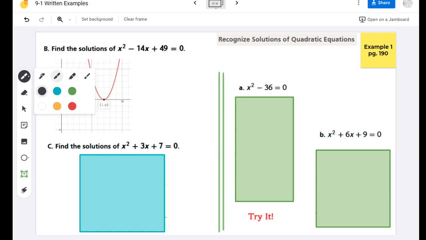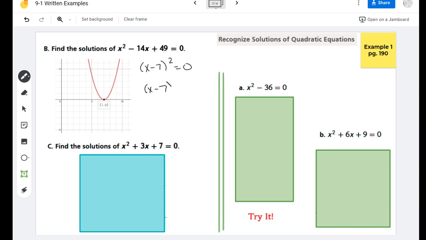So this is actually a perfect square trinomial that factors to look like x minus 7 squared equals 0. Look at that 7. That's where that 7 is coming from. I could take the square root of each side and get x minus 7 equals 0. And then I could add 7 over. And that's where you can see that one intersection point.